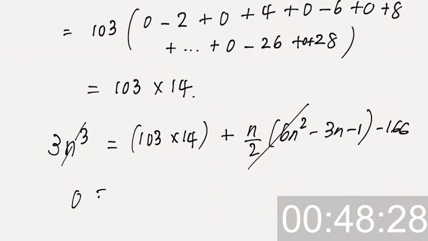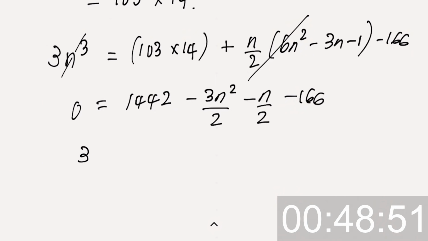So I've got 0 equals 1442 minus 3n squared over 2 minus n over 2 minus 166. Right, so let's subtract 166. 1276. Ugh. And then multiply by 2. 2552. Okay, and that's a plus.